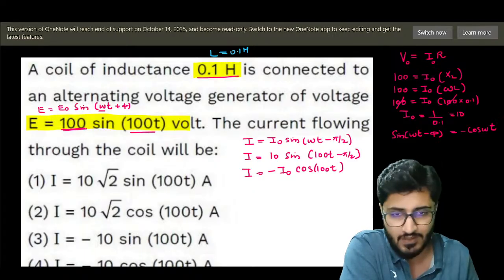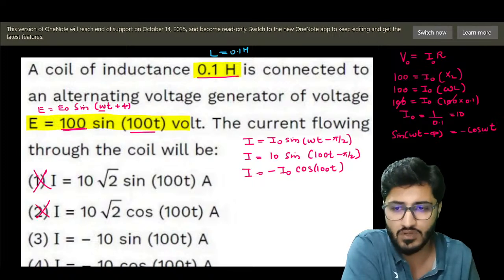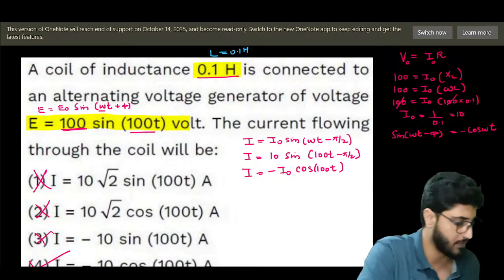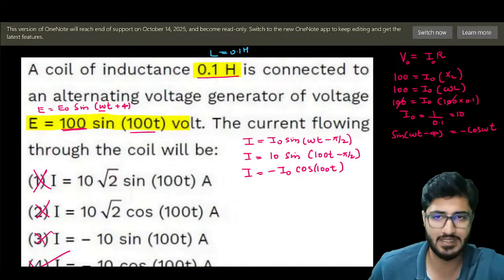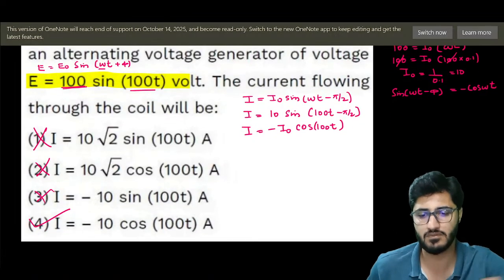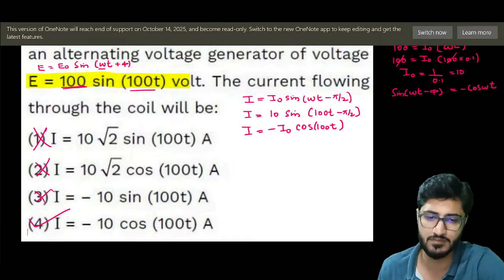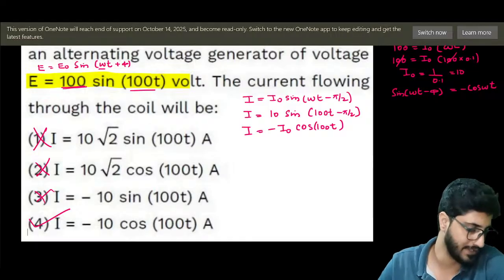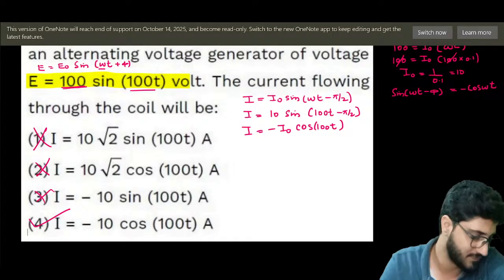Done. So the others are wrong. Option number D is correct. A good numerical.